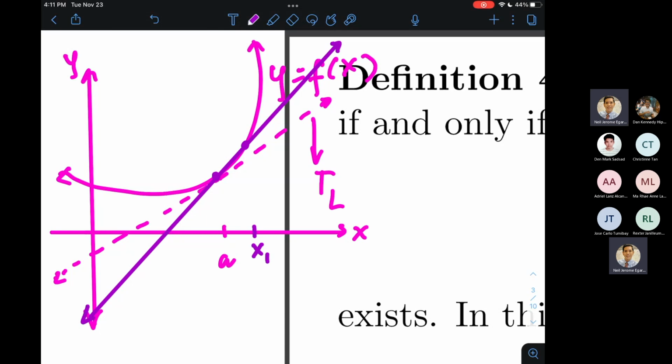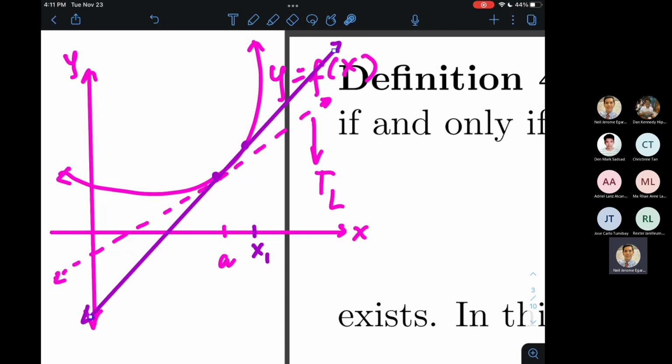All right. But imagine what happens when the second point becomes closer and closer to the first point. So kapag itong pangalawang point na x1, hinigit ko na palapit ng palapit kay A, mapapansin nyo kung siya ay magiging palapit ng palapit.